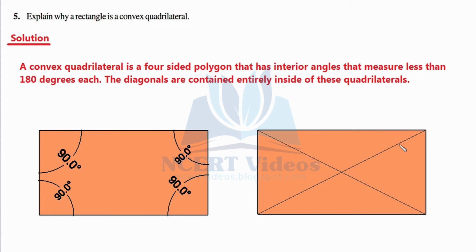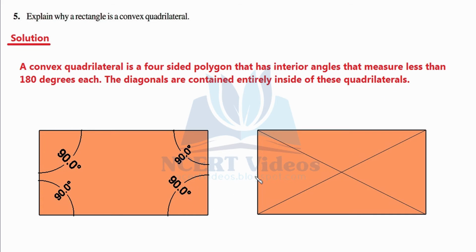So we have two diagonals in case of rectangle. So the diagonals always lie inside the boundary of this rectangle. All these positions are the inside of this rectangle, and this is the outside of this rectangle. So the diagonals are always contained entirely inside of this quadrilateral.